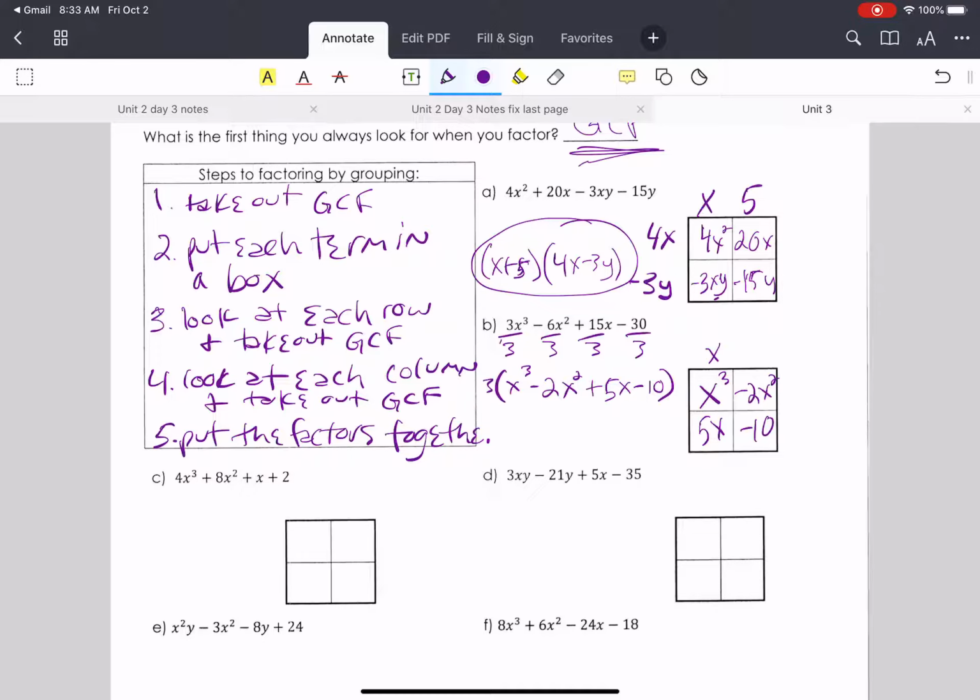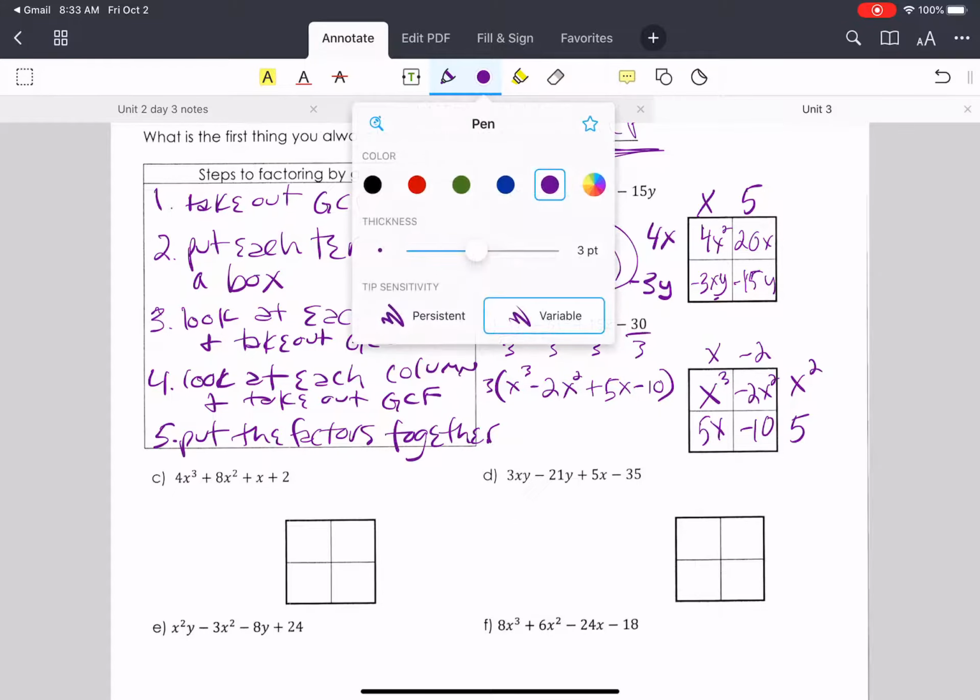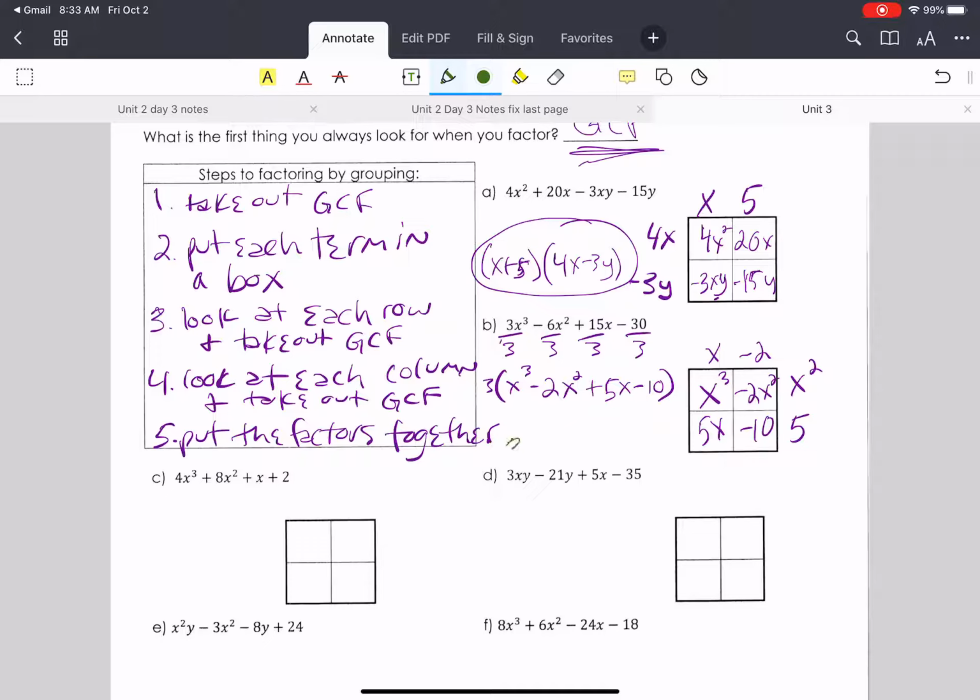Out of this one is going to be negative 2. Out of this row is x squared, and this row is 5. I'm going to do a different color. My 3 I pulled out at the beginning, and then I have my 2 factors.